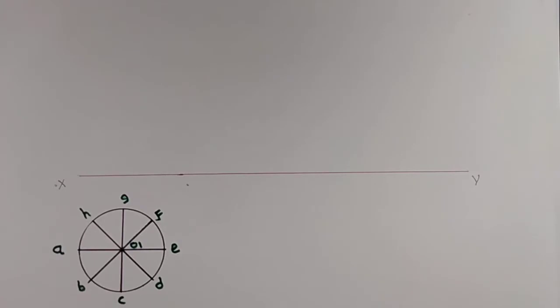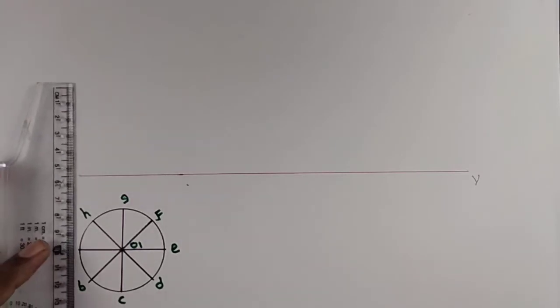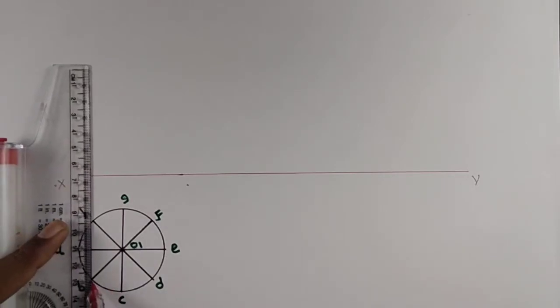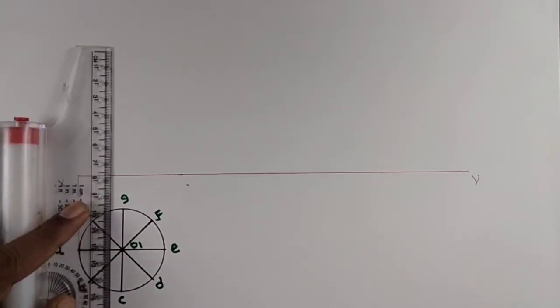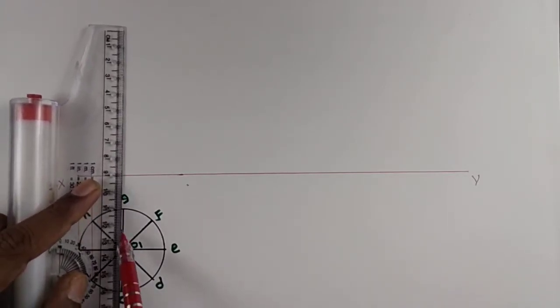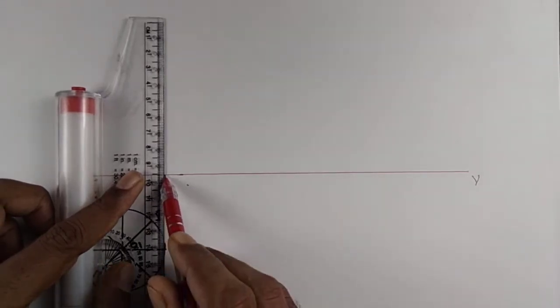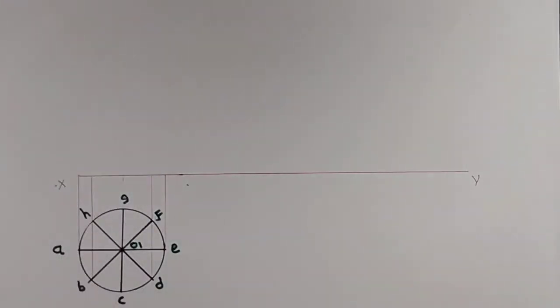Now the base is on HP, which means the elevation of the base lies on the XY line. So first we transfer all the projections of the base and periphery points onto the XY line with light lines.